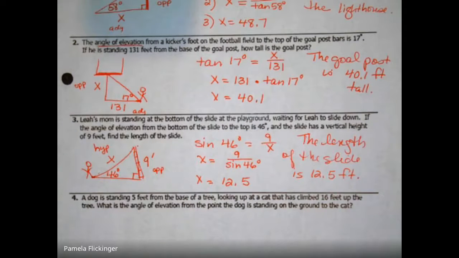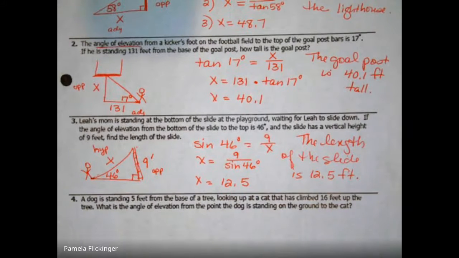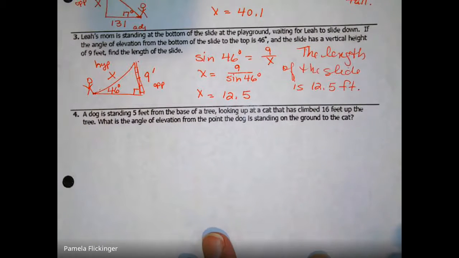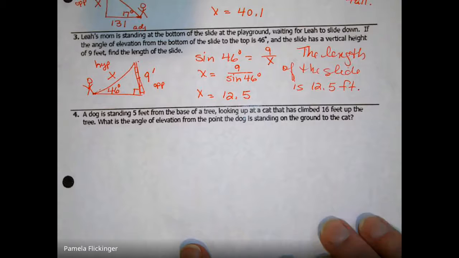All right, and our last angle of elevation problem. A dog is standing 5 feet from the base of a tree, looking up at a cat that has climbed 16 feet up the tree. What is the angle of elevation from the point the dog is standing on the ground to the cat?